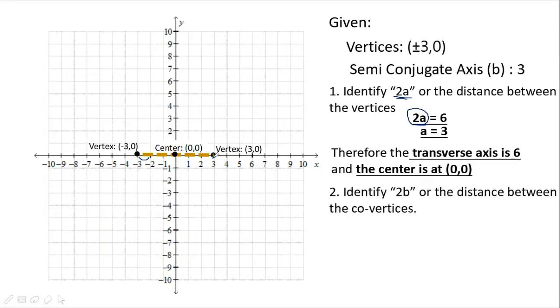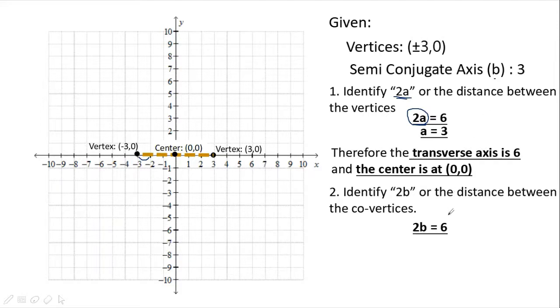Now, number 2, let's identify the 2b, or the distance between the co-vertices. In number 2, it's easy because we already have the semi-conjugate axis, or the b, which is the distance from the center to the co-vertex. Since b is equal to 3, then we can say that 2b is equal to 6.